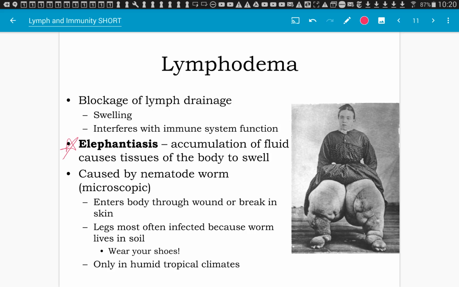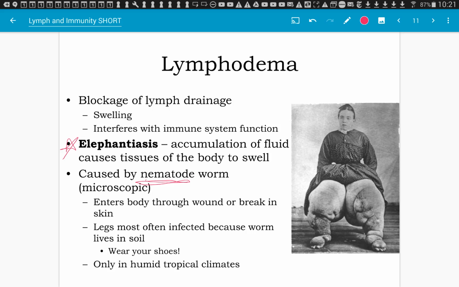body parts. Elephantiasis particularly is caused by a little tiny microscopic worm called a nematode. So it's nice and tiny, and what this does is, especially if you're barefoot and you're in a tropical location, if you have a little wound on your foot, these guys live in the dirt, okay? It can enter through the smallest little wound, and it travels in your tissue, and it really likes to live in your lymph vessels.